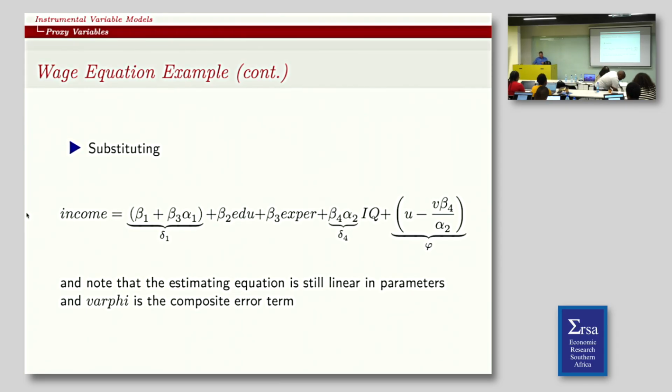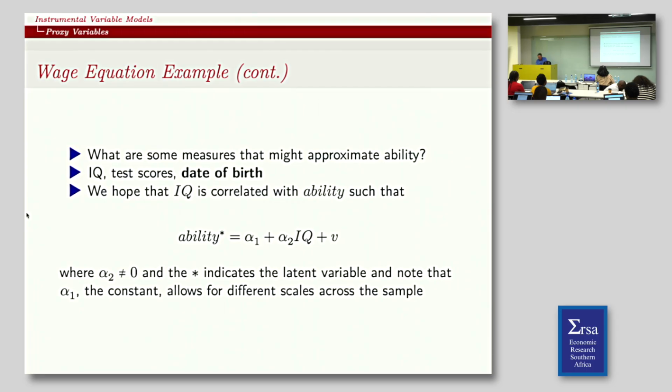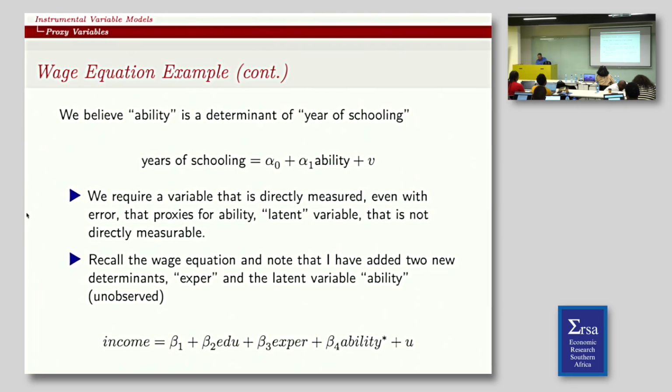I think that's a typo. I think this should be beta 4, from the ability part of the regression from before. Then for this error term, we have to adjust for the noise around the relationship between ability and years of schooling.